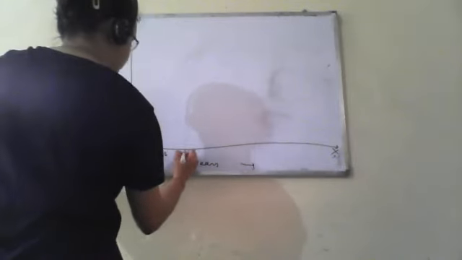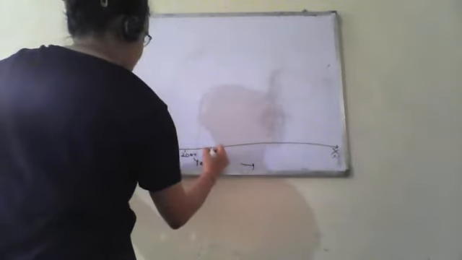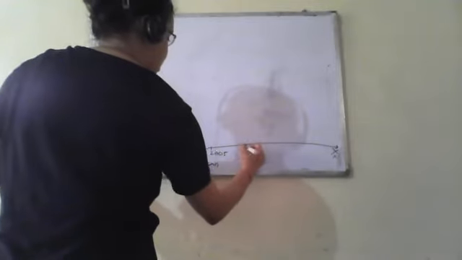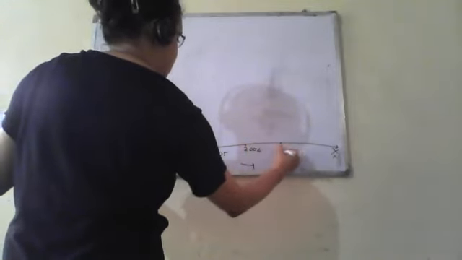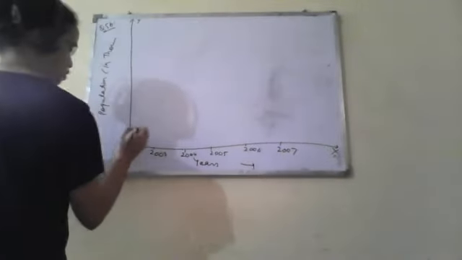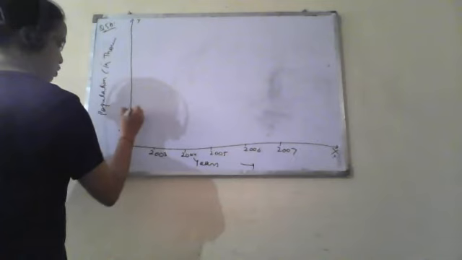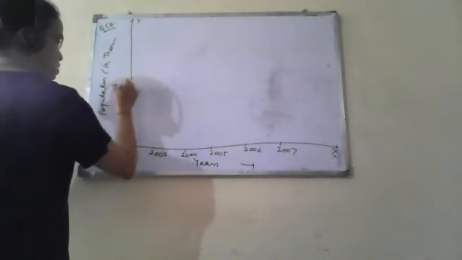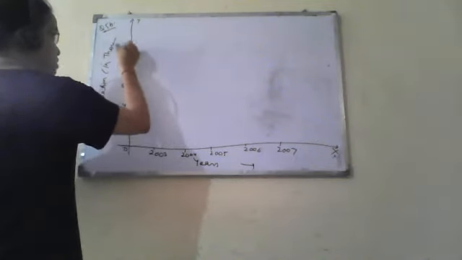So here we have 2003, 2004, 2005, this is 2006, this is 2007. For population, the given values are like 12, 12.5 or up to 13. So again we can take it like this is our 0, this is 2, this is 4, this is 6, this is 8, this is 10, 12, and yeah 13 is also given.